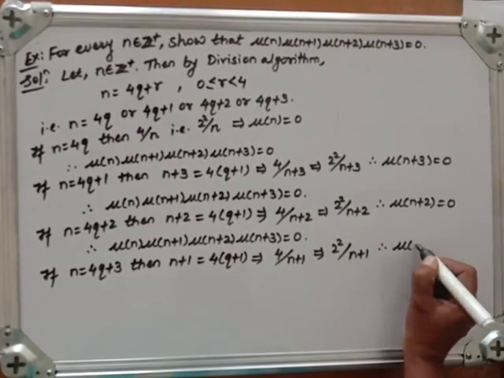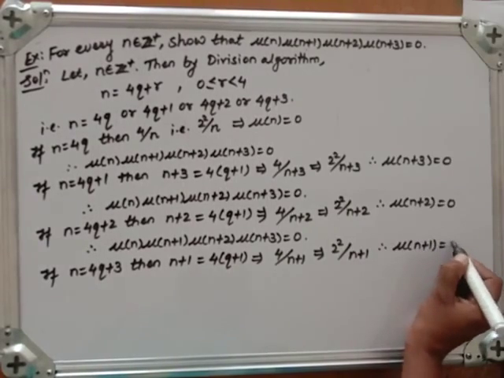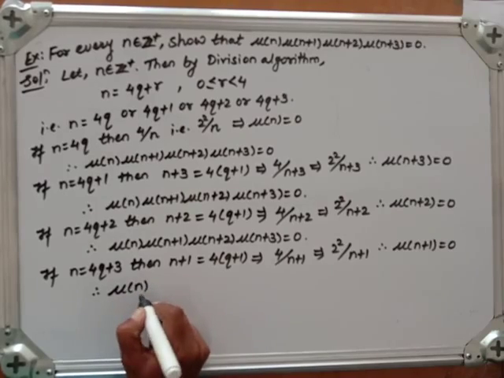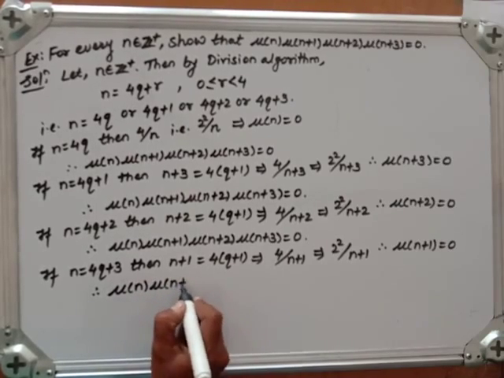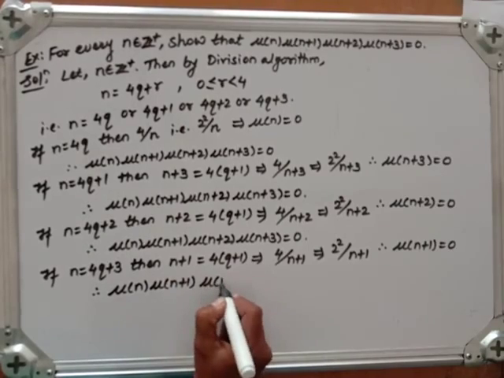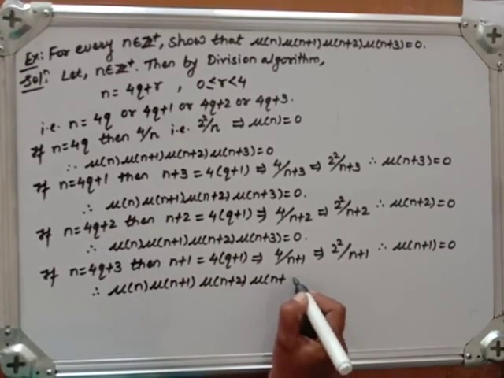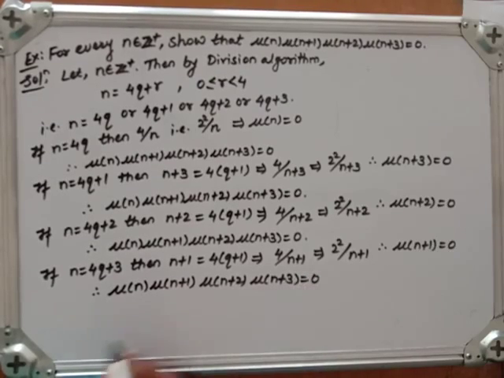Therefore, mu of n plus 1 is 0. Therefore, again the product is 0. So, in all cases for 4 consecutive integers we get this product will become 0.